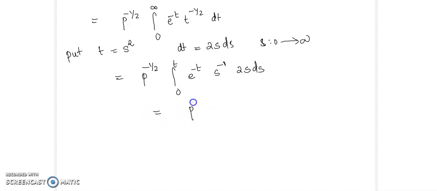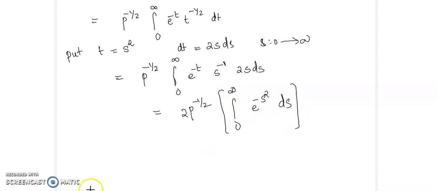So we get p raised to minus 1 by 2 times the integral from 0 to infinity of e raised to minus s square, then 2 times s into s raised to minus 1, which is just 2, so we get the integral from 0 to infinity of e raised to minus s square ds.